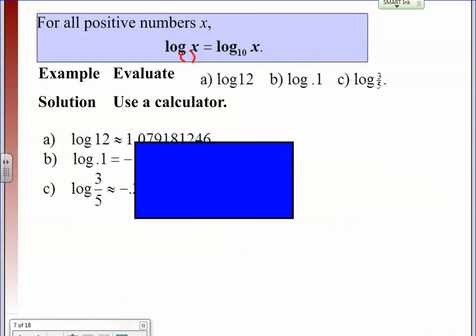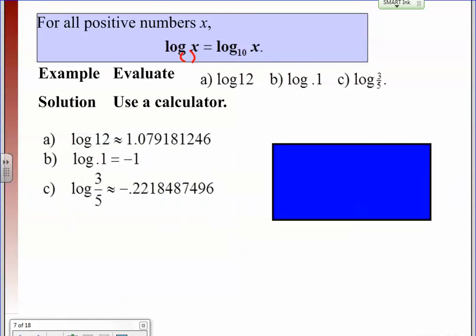Okay, you should have matched up these answers on your calculator. And remember that these exponents are going to be negative, right? Negative exponents because these arguments are less than 1. This would be 10 to the negative 1 equals 0.1. This is 10 to the negative 0.22, whatever, which is going to equal 3/5 or 0.6.